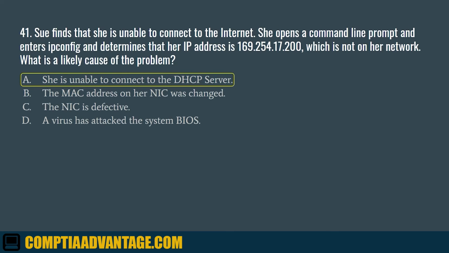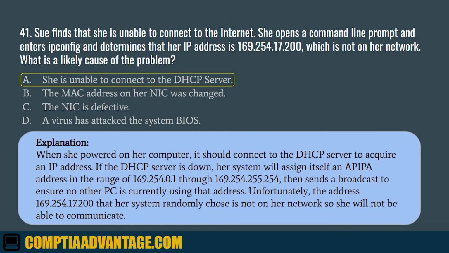She is unable to connect to the DHCP server. When she powered on her computer, it should connect to the DHCP server to acquire an IP address. If the DHCP server is down, her system will assign itself an APIPA address in the range of 169.254.0.1 through 169.254.255.254.